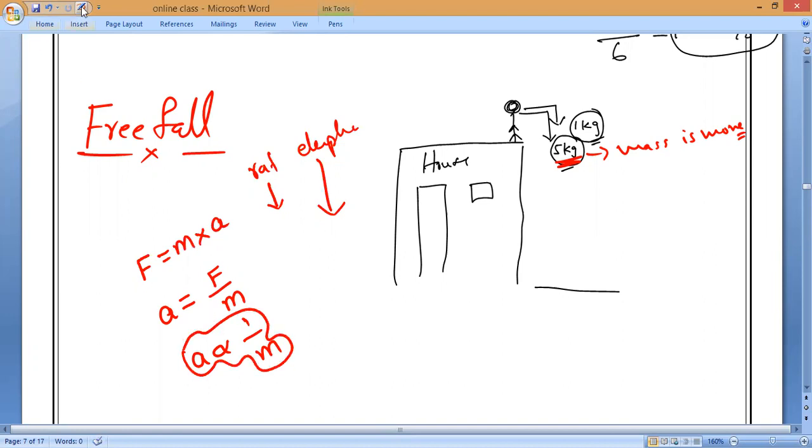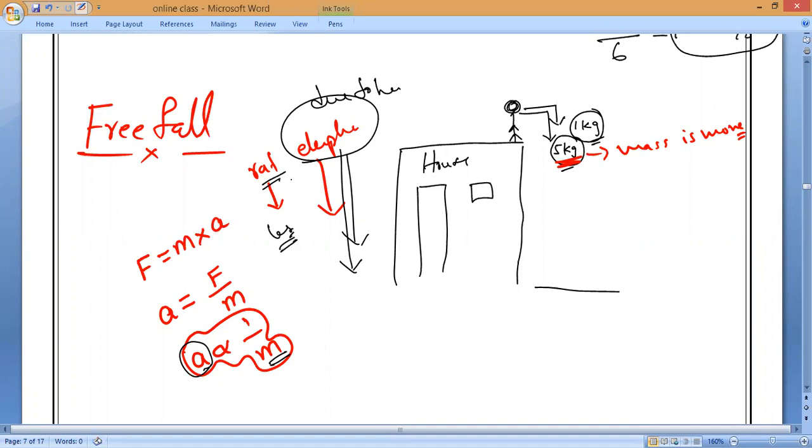But you can see the elephant has heavy mass, yet it is falling fast. Mass is greater, acceleration is less, but due to heavy mass the pulling force will be more, so it will fall first, and the rat, having less weight, will come later. This is what we study basically, but it is entirely wrong.